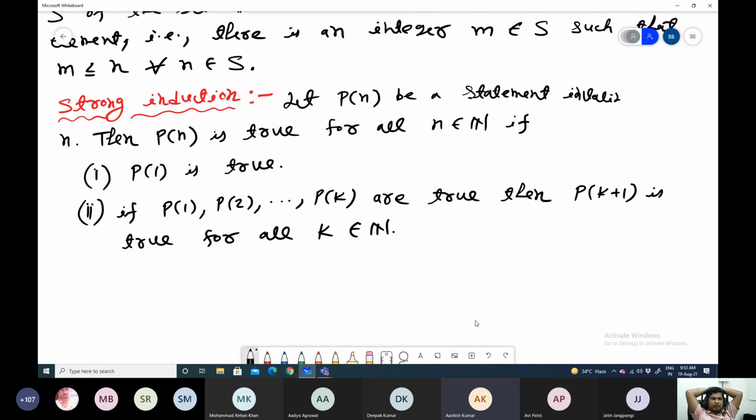Let's say the interval is open from A to B, then it is not possible for us to prove at each of the points between A and B. So in that condition, what should we do? No, mathematical induction and strong induction are both true only for the natural numbers.